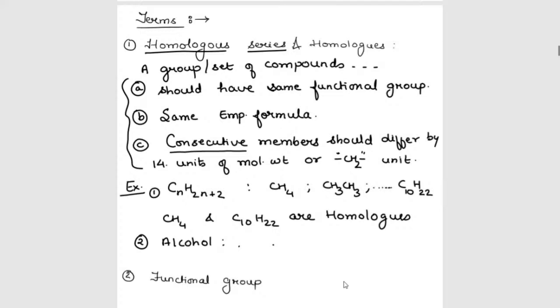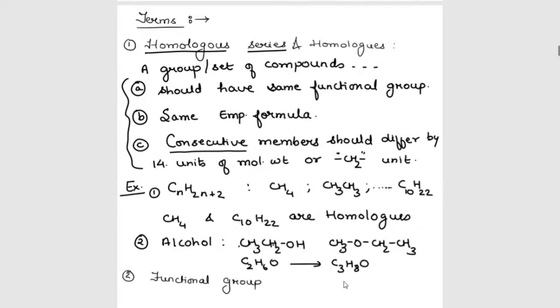So first, in a given set of molecules, you will check whether the functional group is the same or not. For example, if you check these two, this is C2H6O and this is C3H8O.